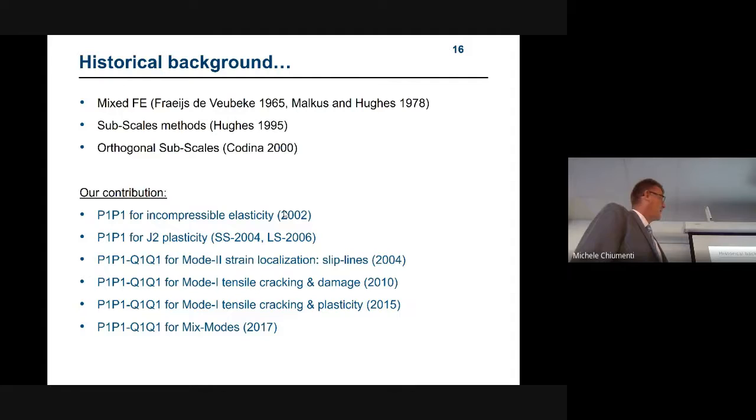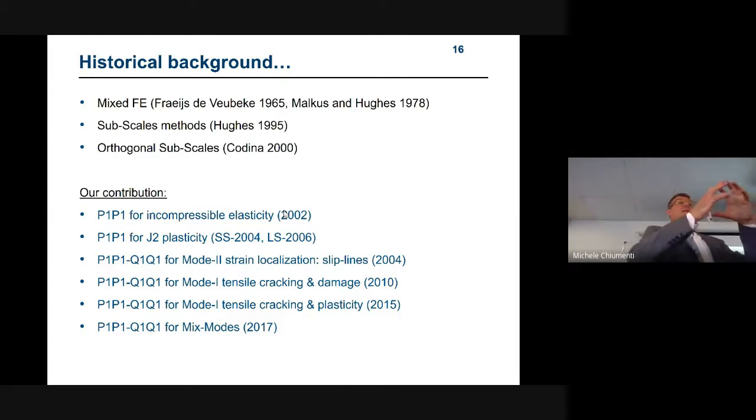In any case, mixed finite element is something that is not new. The problem of mixed elements is that if at the same nodes you have different fields, so you are going to interpolate the displacement at the nodes and also, for instance, the pressure at the node, you cannot choose any kind of field.